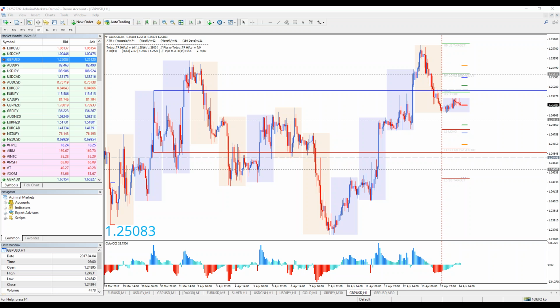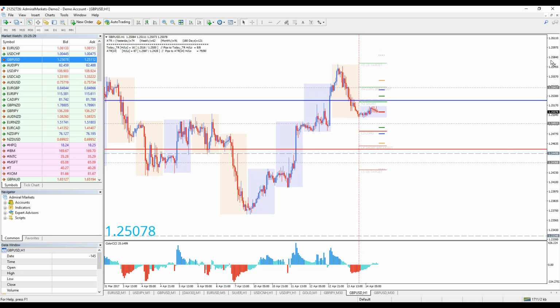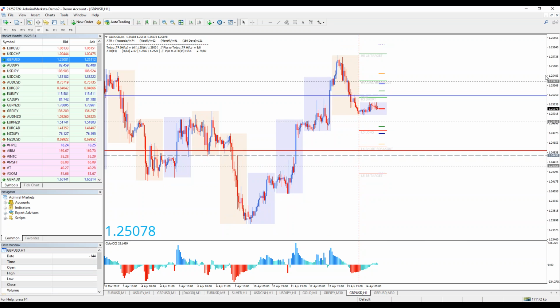Now, let me show you this example. Bearish divergence is when price makes a higher high, but the oscillator is making a lower high. So in this example, we can see a nice divergence, from this spot and this spot.